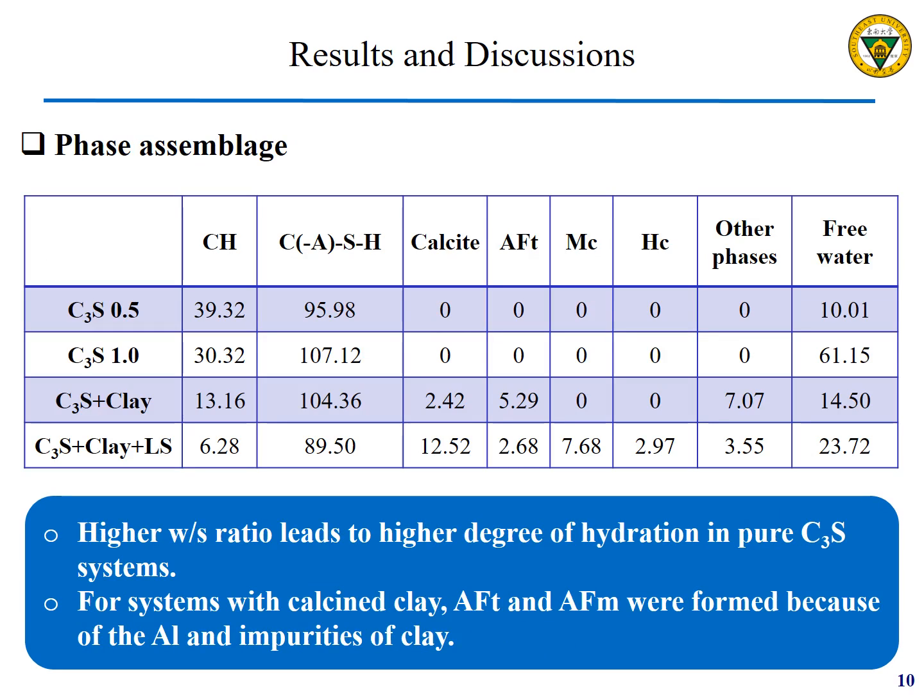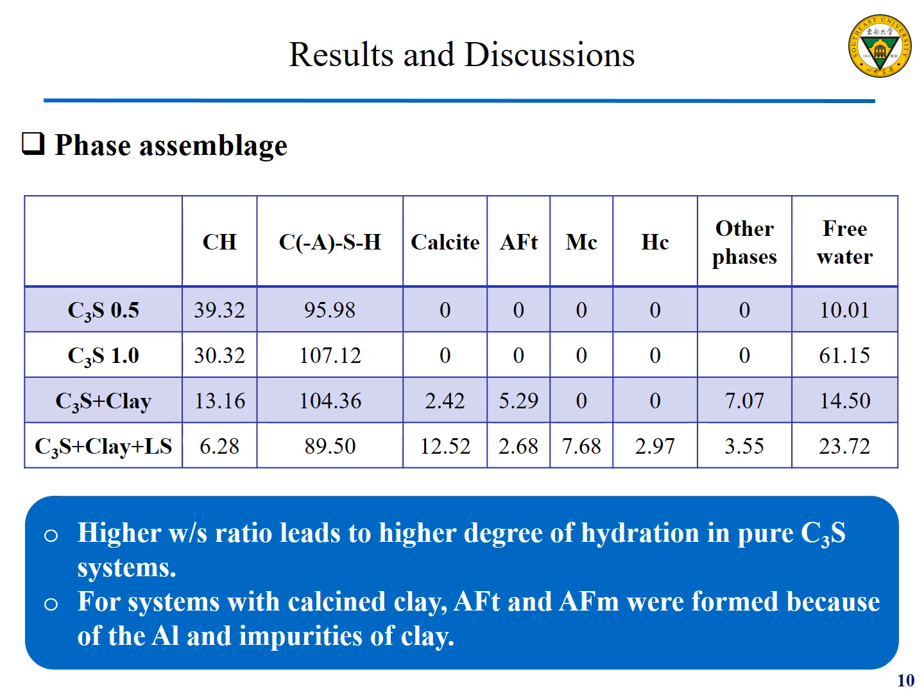Then, to get the quantitative results, we calculate the phase content in different systems by using the mass balance method. It can be seen that a higher water-to-solid ratio leads to a higher degree of hydration in pure C3S systems. For systems with calcined clay, AFt and AFm were formed because of the aluminum and impurities of the clay.